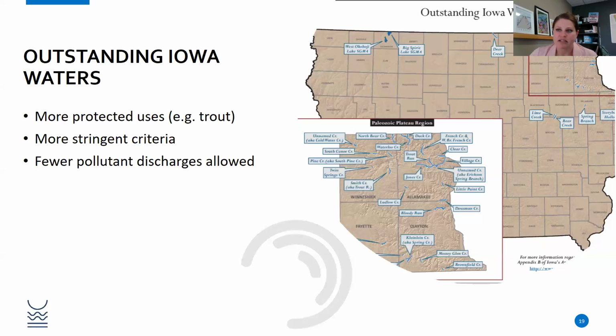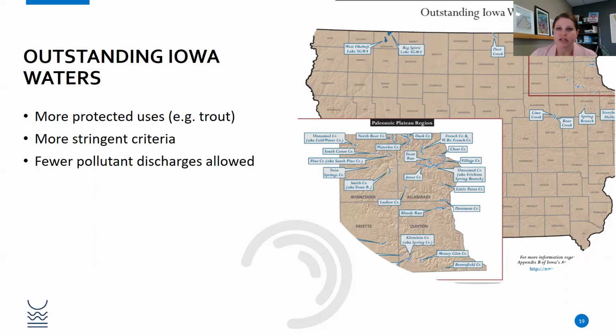We also have this designation in our state, the Outstanding Waters of Iowa. This designation is under the Clean Water Act. There's an anti-degradation provision, and basically this tier of waterways is designated as the most outstanding natural resources that we have.